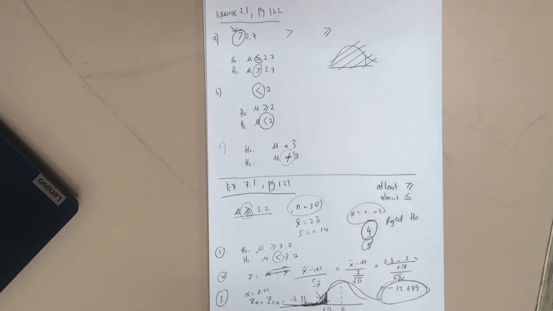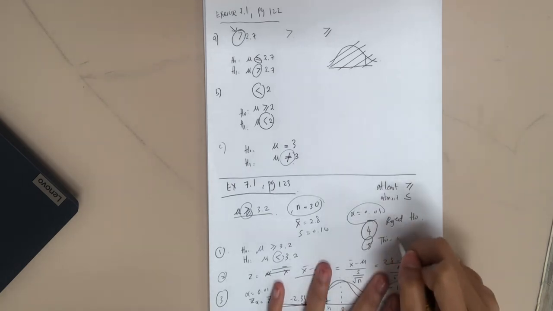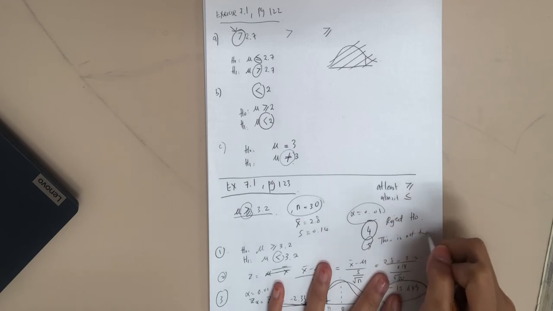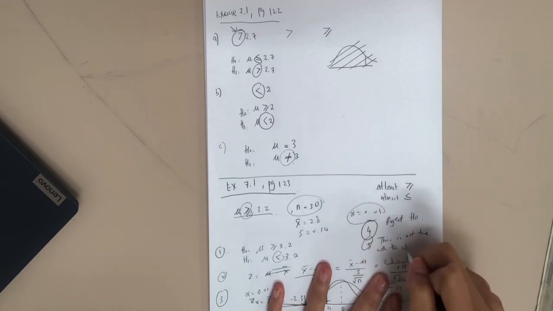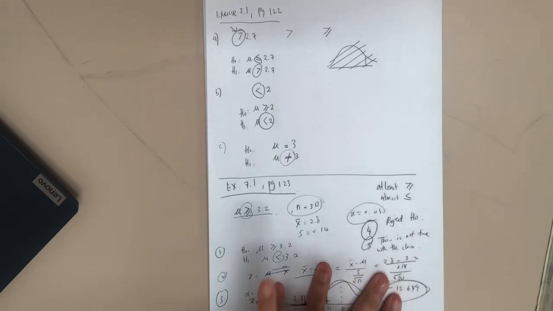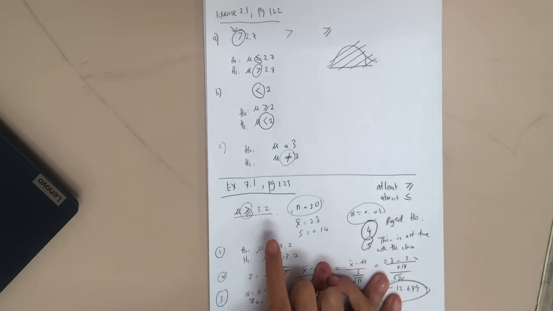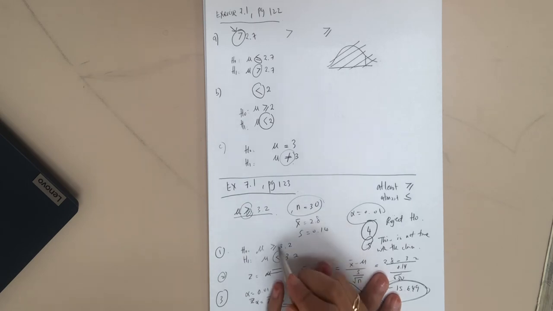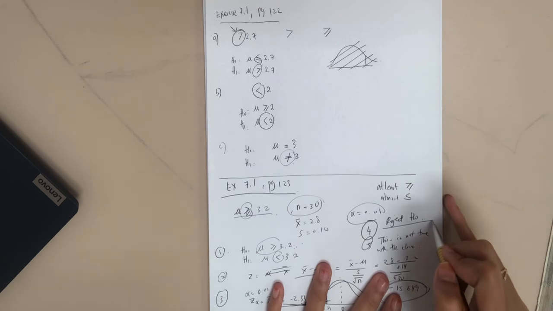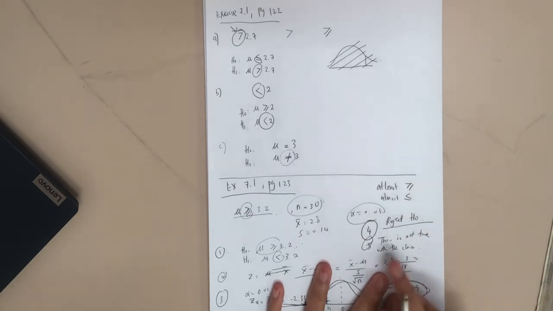The conclusion is something like: this is not true with the claim. Because we claim that mu is greater than or equal to 3.2, but we reject H0, which means we reject the claim. So you can make the sentence: this is not true with the claim.